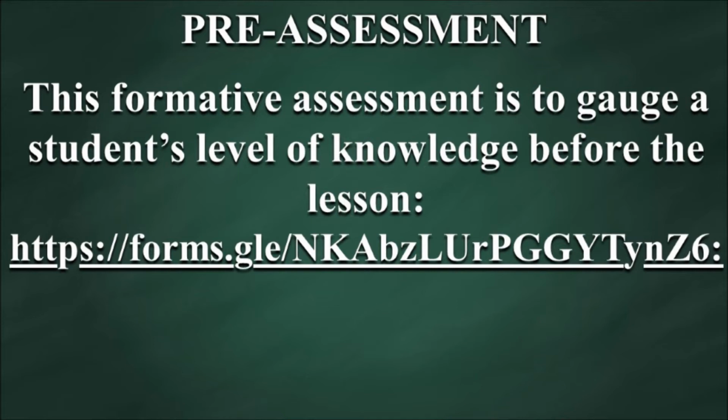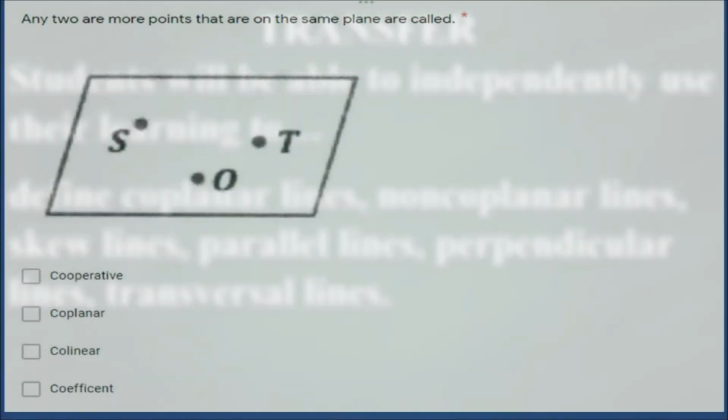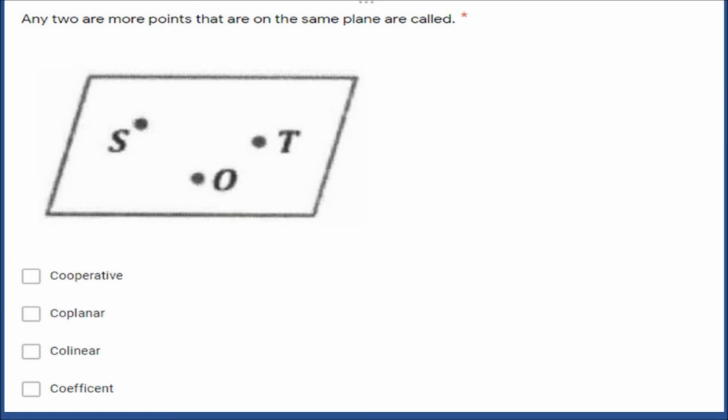Here's the link to the assessment. Transfer. Students will be able to independently use their learning to define coplanar lines, non-coplanar lines, skew lines, parallel lines, perpendicular lines, transversal lines. Here's the beginning of our lesson.